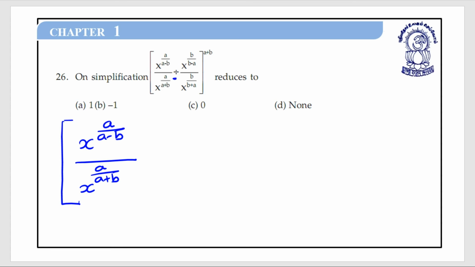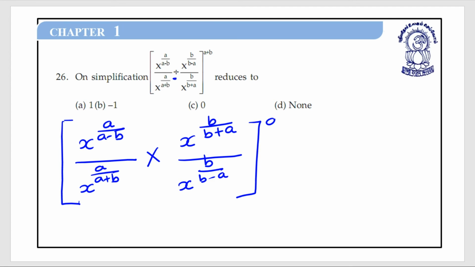Here divide sign, so it becomes multiply, numerator becomes denominator and denominator becomes numerator. So x raised to b upon b plus a upon x raised to b upon b minus a, raised to a plus b.